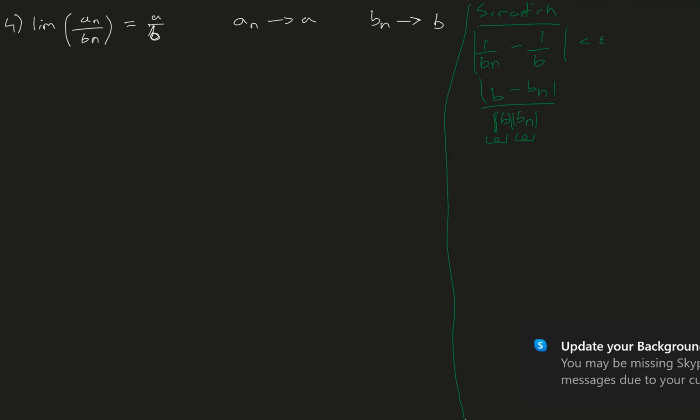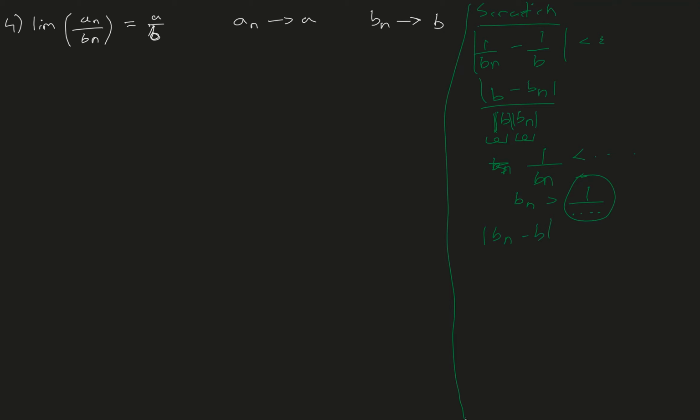So just like we did for the previous proof, we want to create a bound on 1 over bn. So 1 over bn should be less than something. That's the same as proving that modulus of bn is greater than 1 over something. Since we know that bn converges, we can make bn minus b as small as we like, and we can choose whatever epsilon we want.